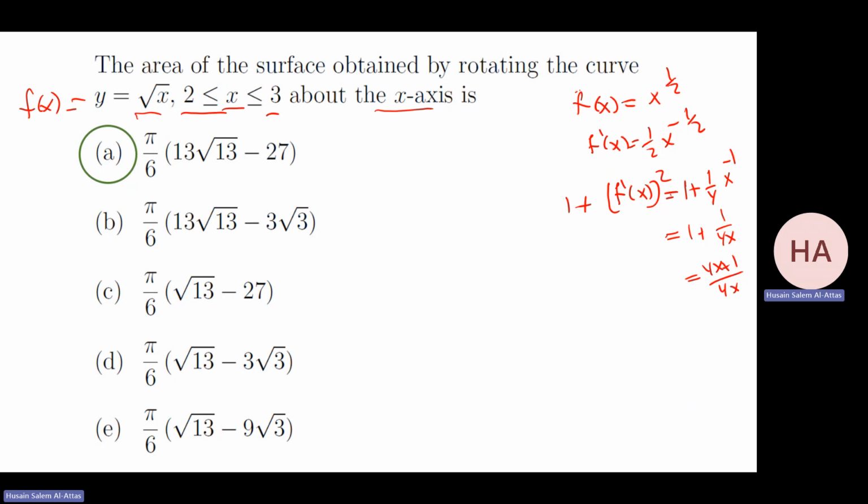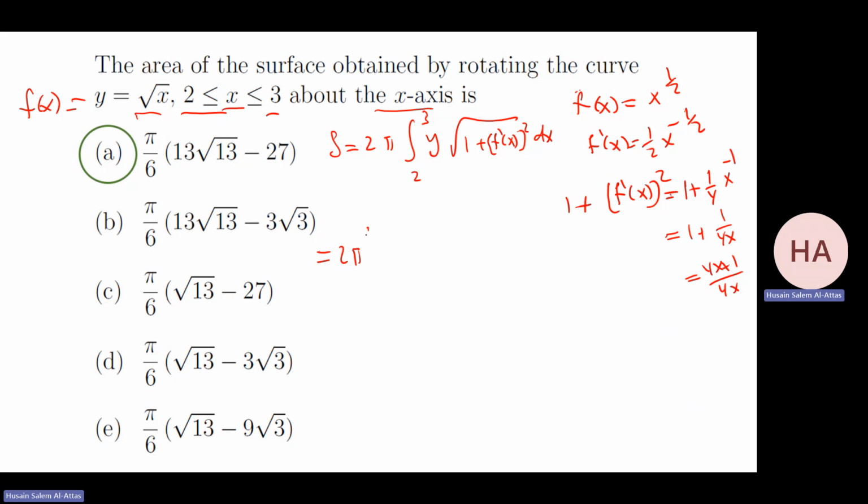Half x to the minus half. Okay, so I have 4x plus 1 over 4x. Now S will be 2 pi integral from 2 to 3 of y times the square root of 1 plus f prime of x all squared dx.